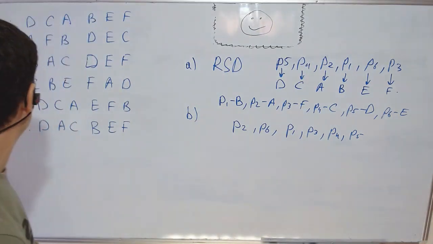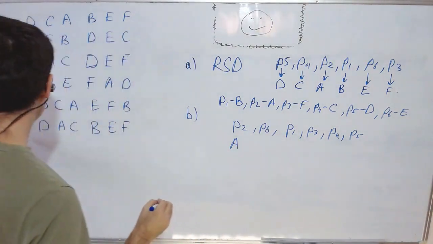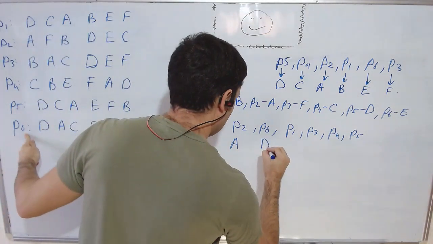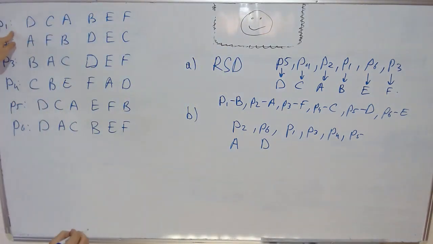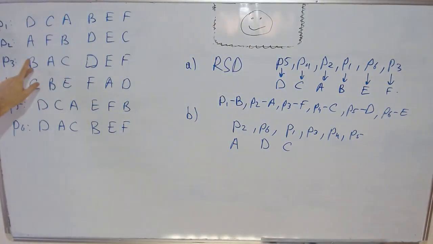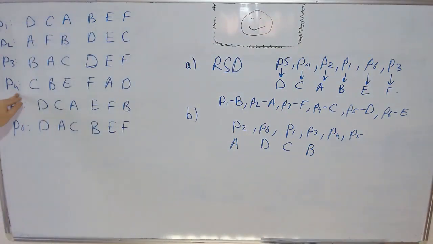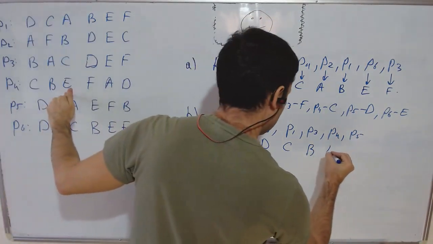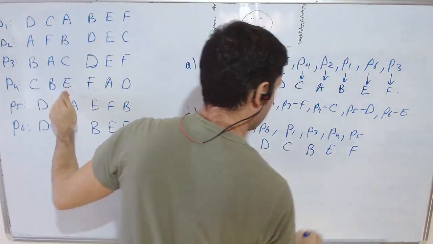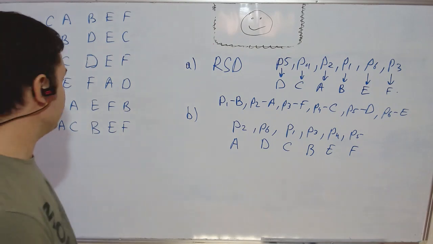Okay, so P2 goes first, gets house A. P6 goes second, gets house D. Then P1, D is occupied, he gets into C. P3 goes, B is not taken, grabs B. P4 wants C, C is taken, B is taken, so E. And then this guy has to live in F, the last house. Nobody likes F, it seems.